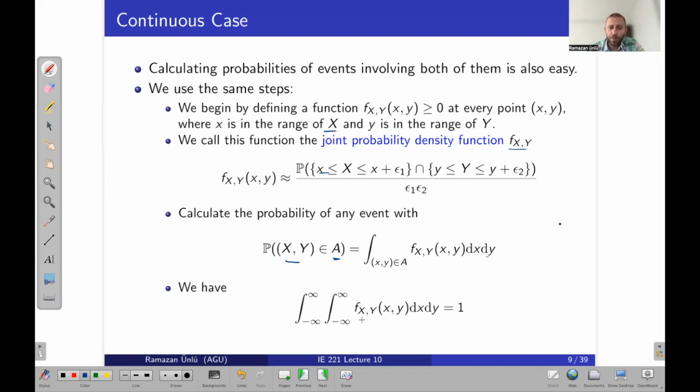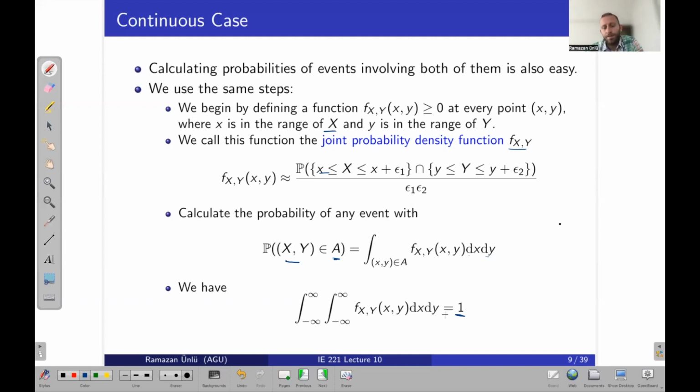And the same thing, we have the normalization axiom here: if we integrate for all possible pairs of x and y, we will end up with 1. That means the probability of that common region, or the area under that common region, will be 1. Actually, I'm saying the area, but that is actually the volume, okay?